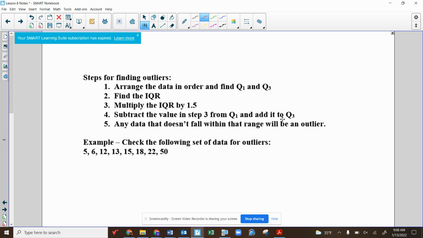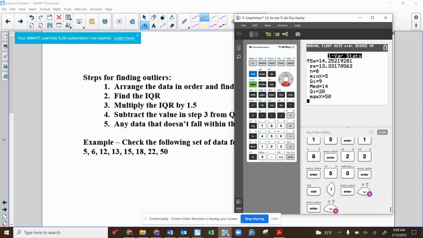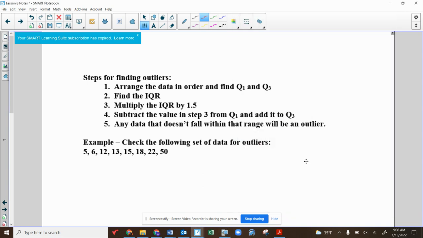So we're going to find out how to find an outlier. Here are the steps that you're going to do. This, again, is how you would do it with the calculator. The second video will show you how to do that with Google Sheets. The first thing you're going to do is you don't have to arrange the data in order because you're going to put it in the calculator anyway. You'll find Q1 and Q3, so we did that on the previous thing. That was 20 and 9.